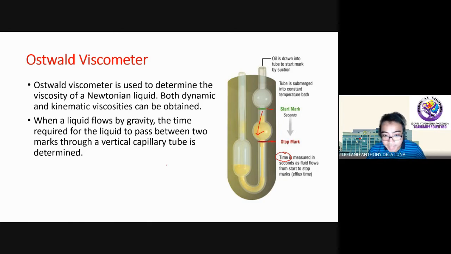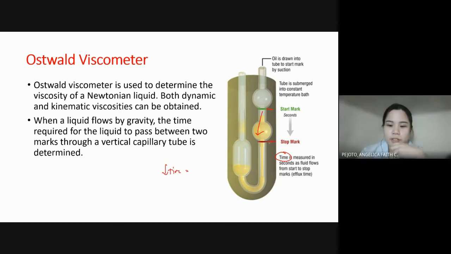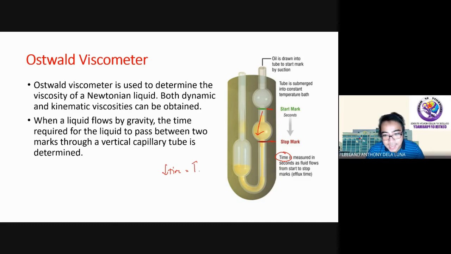So, the lower the time it takes for the fluid to go down, from start to stop mark, what can we say about the viscosity of our fluid? Is it more viscous? Very good. So its viscosity is high. Therefore, if it goes down quickly, we said the viscosity is low. Right?